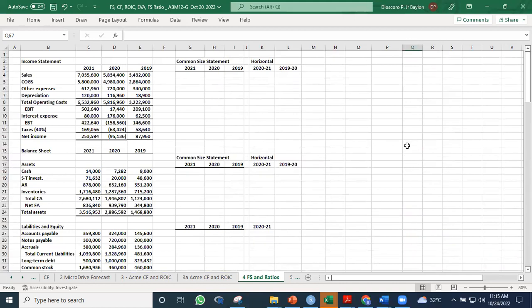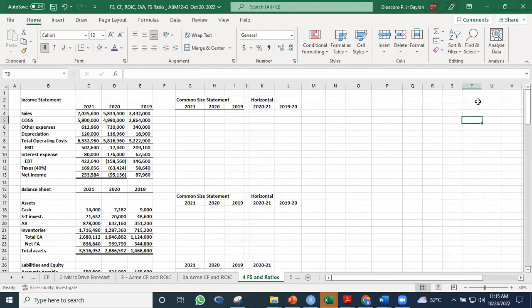Let me begin by doing what we call the common size statement. So what's the common size statement? As the name suggests, common size, you bring all the accounts to a particular benchmark, which means you relate all the accounts to one particular account.